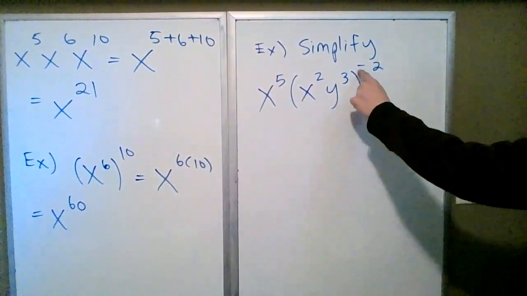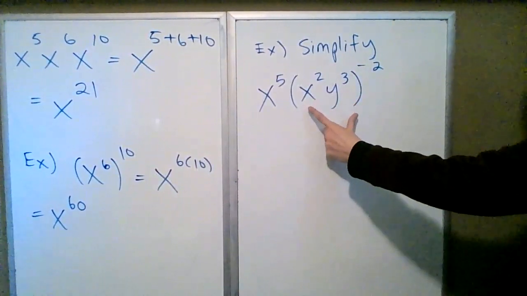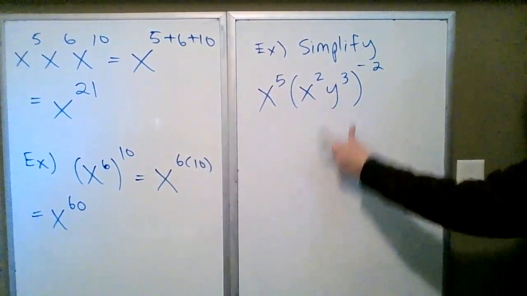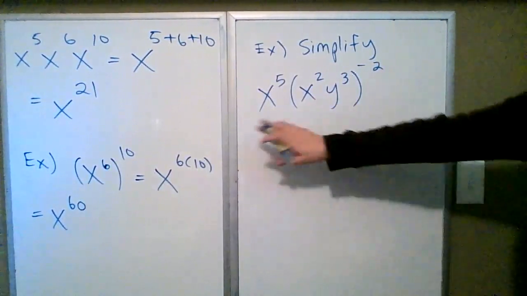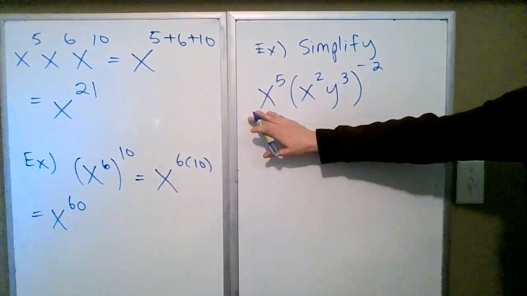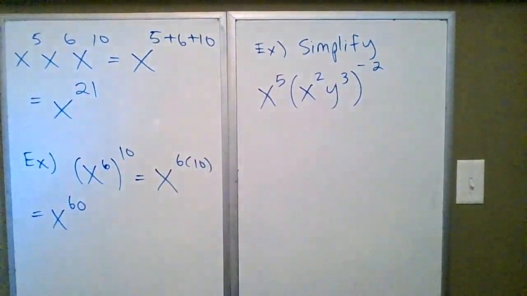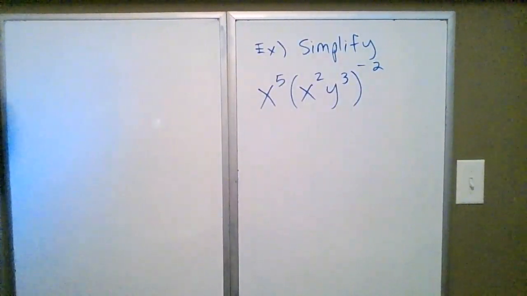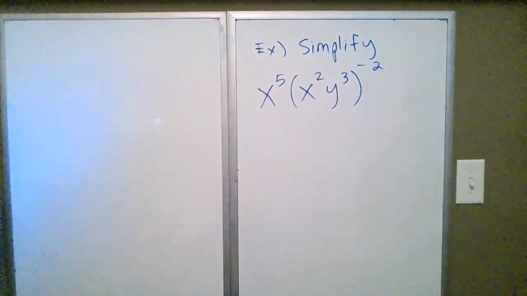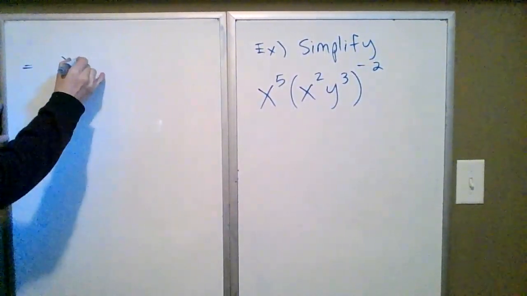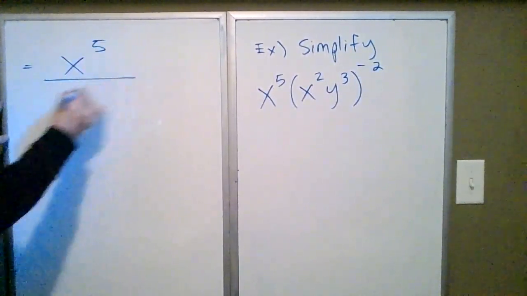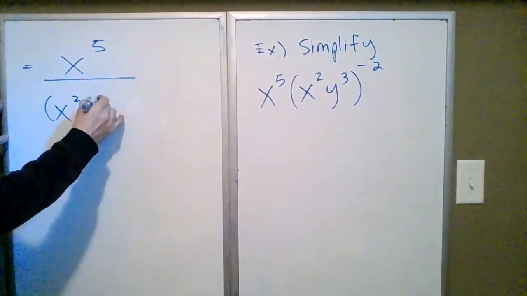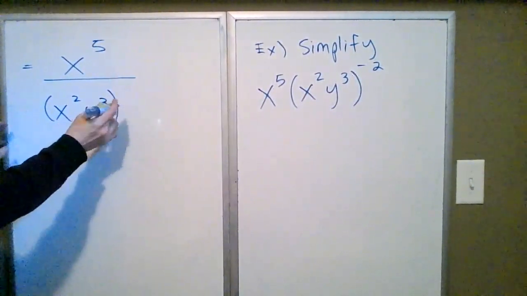So we're going to take care of that negative exponent first and bring this value, x squared y cubed, down to the denominator and change the power to positive. And also make sure that this other value stays where it is. It stays in the numerator. So we've got that down and its power is +2.